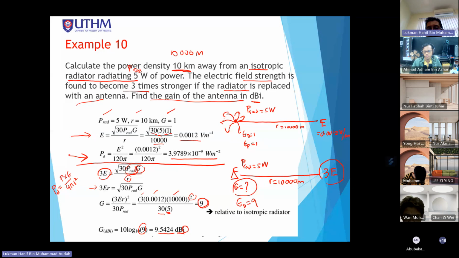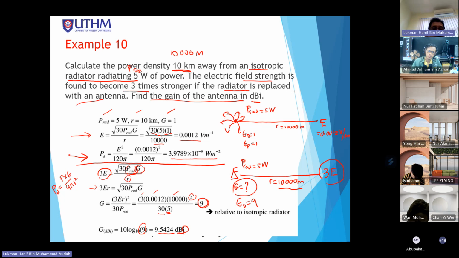If I have gain equal to 9, I can achieve an electric field about 3 times that of the isotropic antenna at a distance of 10,000 meters away.